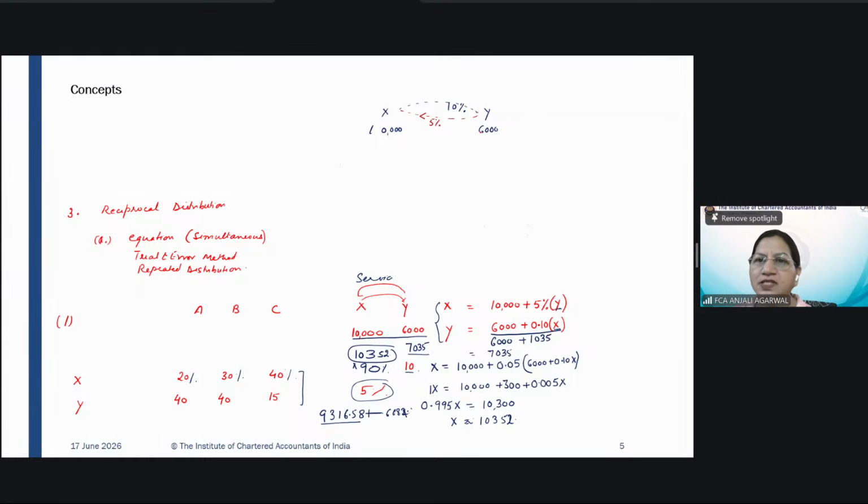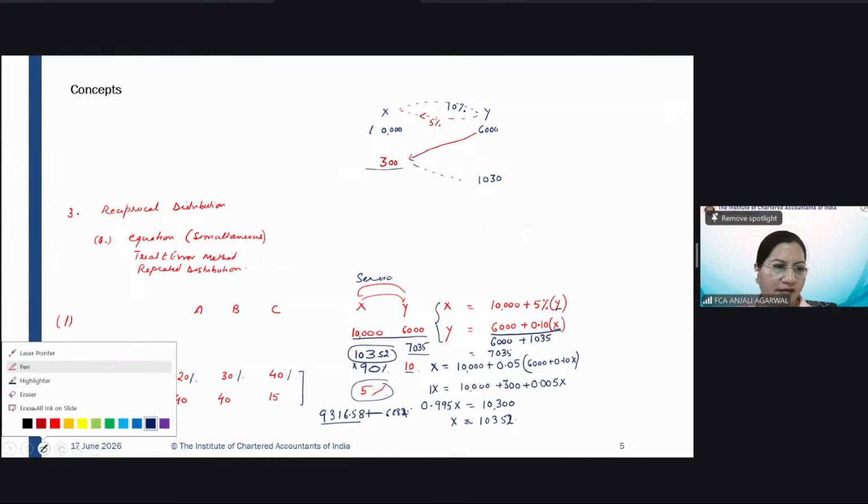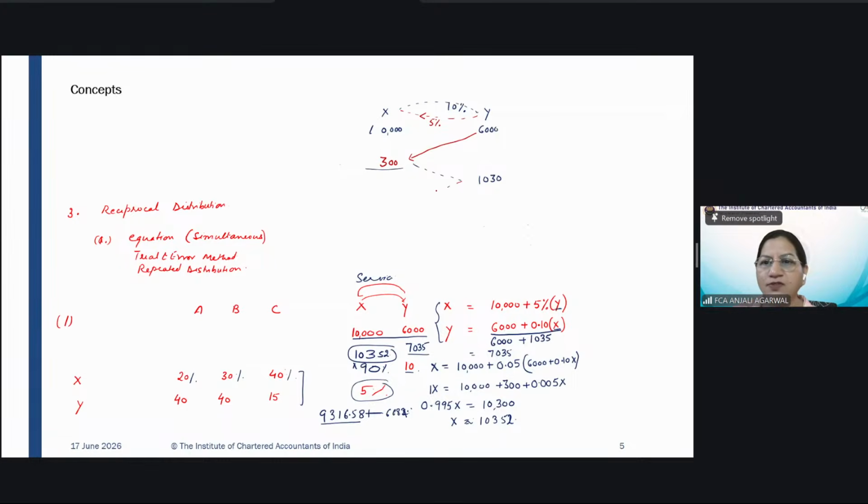First, let's say I start with 6,000, 5% of 6,000, 300 goes to X. Now X total is 10,300. 10% of this will go to Y. Again, 5% of 1,030, that is 52.5, sorry, 51.5 will go to X.